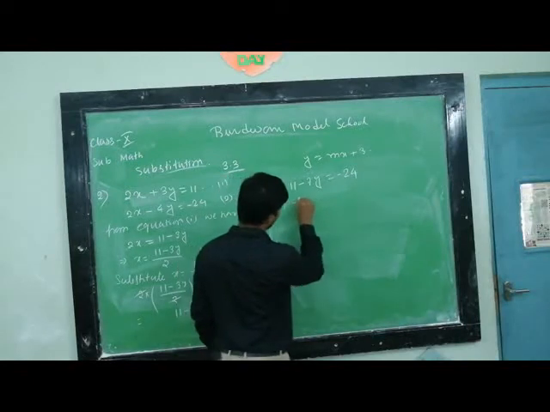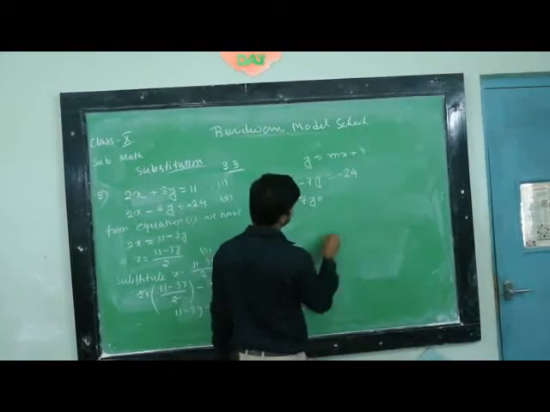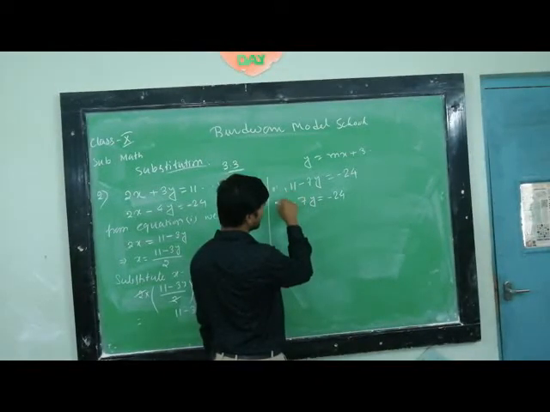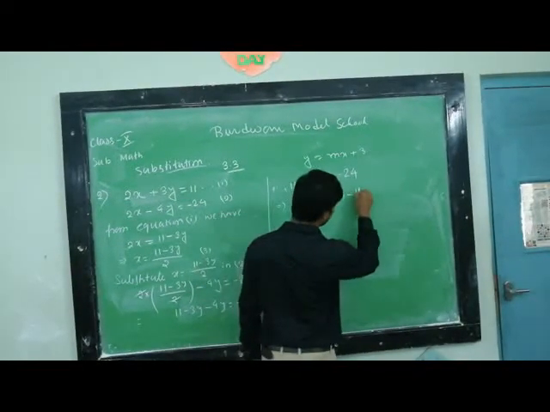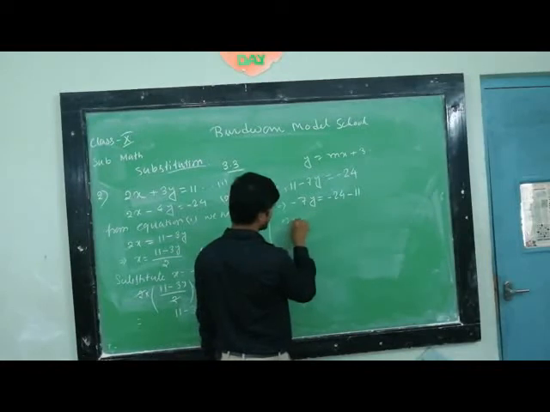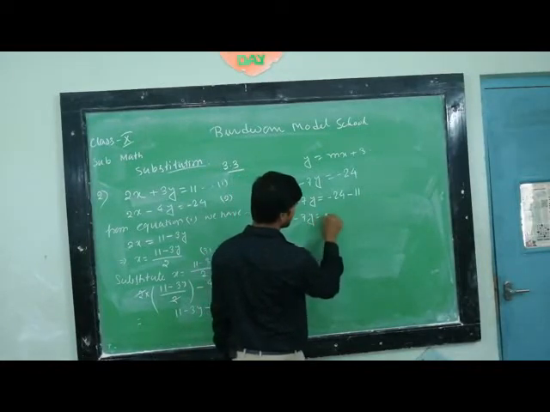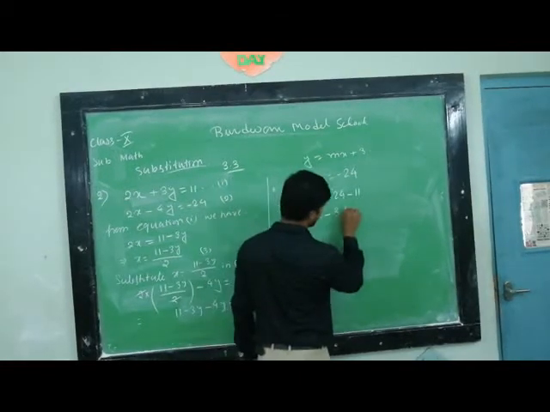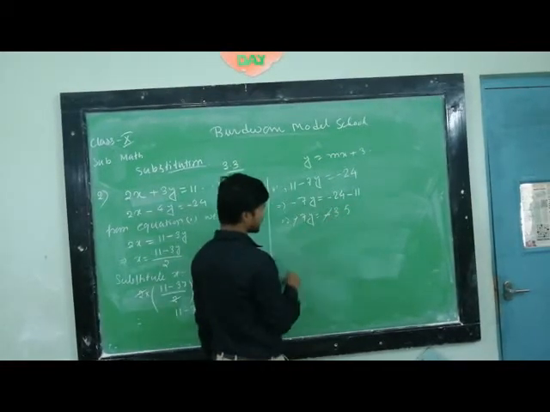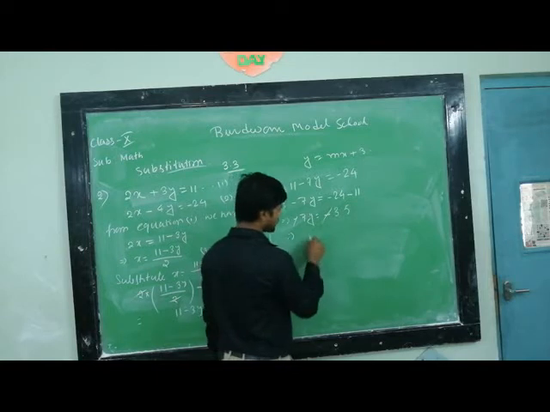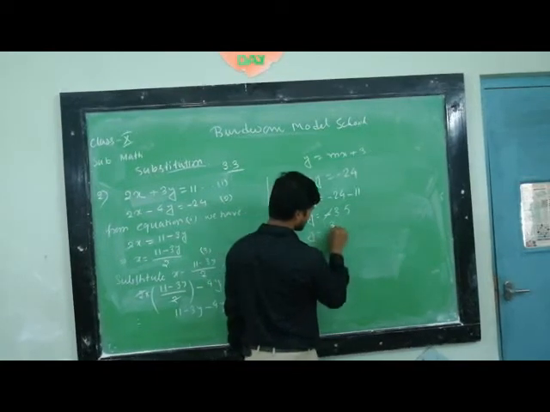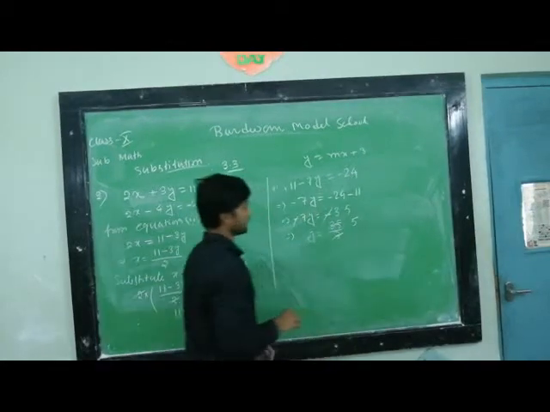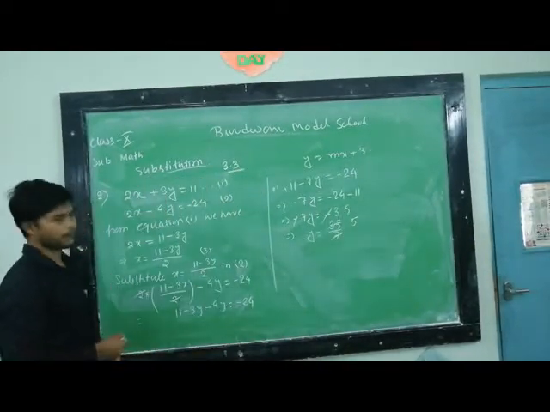That means minus 7y is equal to minus 24, and 11 is positive on the left hand side, so it will be negative 11. That means minus 7y is equal to minus 24 minus 11, that is minus 35. So minus and minus will cancel each other. So 7y equal to 35. So y will be 35 by 7. 7 5s are 35. So the value of y is equal to 5.